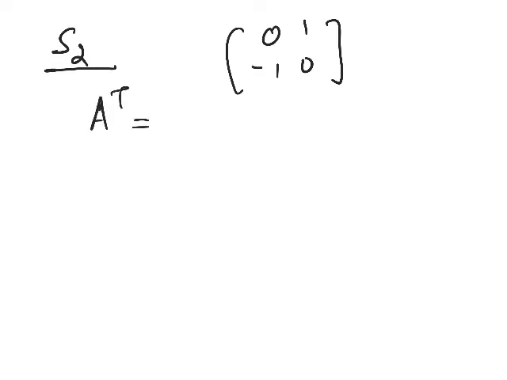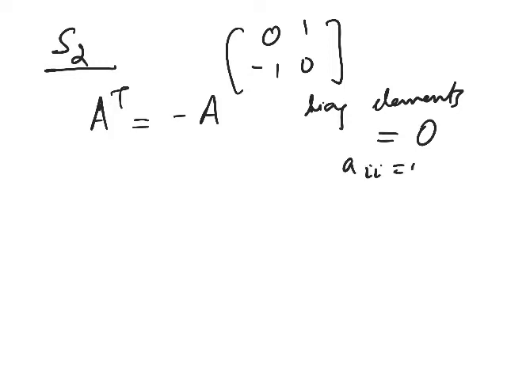Skew symmetric means A transpose is minus A. Since A transpose is minus A, the diagonal elements have to be 0. So in this case, A_ii equals 0 and A_ij is equal to minus A_ji. This is the definition of a skew symmetric matrix.